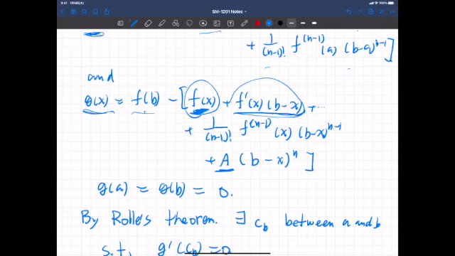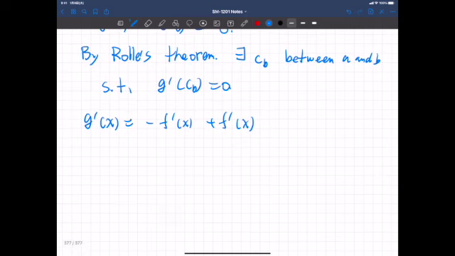And from this one, by using the differentiation of a product of two functions, we have f double prime and this one. So if we differentiate this part, it will be negative 1 times f prime.